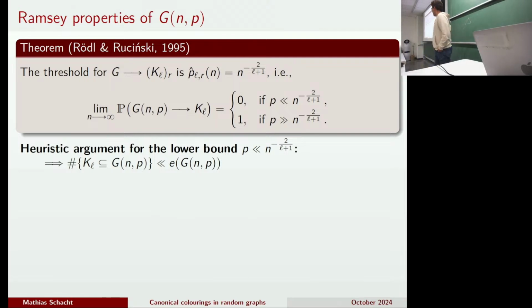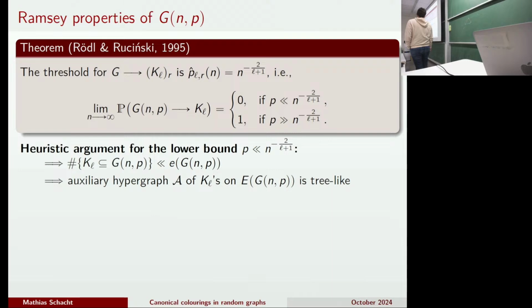Okay. So this means if you are smaller, I'm now explaining how this two-coloring works. You should think about the auxiliary hypergraph where the copies of K_L are built on the edges of G(n,p). So what do I mean by this? The vertices are the edges of the random graph, and the copies of K_L are the edges of the hypergraph.